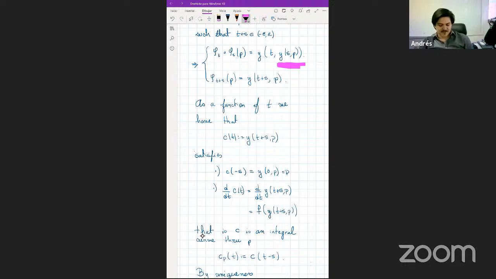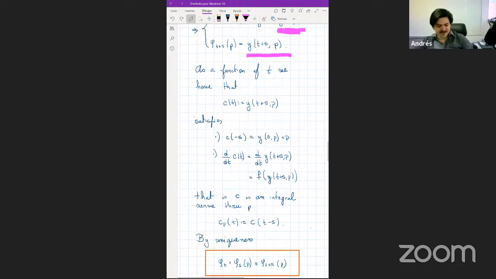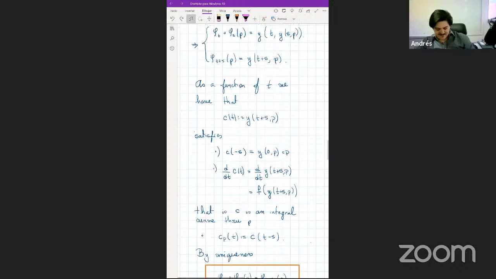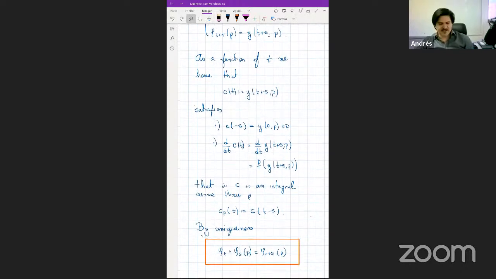So these two integral curves agree on one point, and they are integral curves of the same vector field. So they must agree. And that means that we have this relation among the distinct functions.